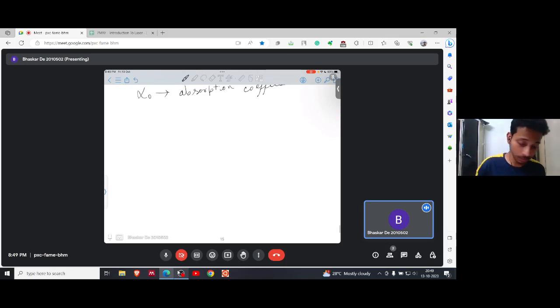This expression comes from the intensity dependent expression for the gain of a system, which we have already discussed earlier in the lecture videos, that is G equals G naught over 1 plus I by I_sat. This can be written as sigma_UL delta N_UL0 over 1 plus I by I_sat.